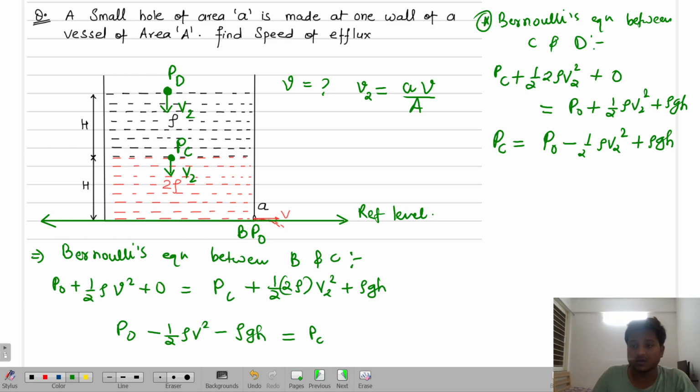So look over here, what will be the relation? Equating will not give you the relation.